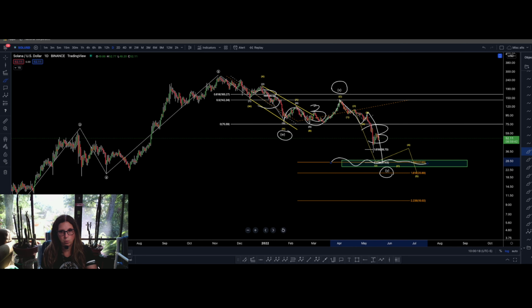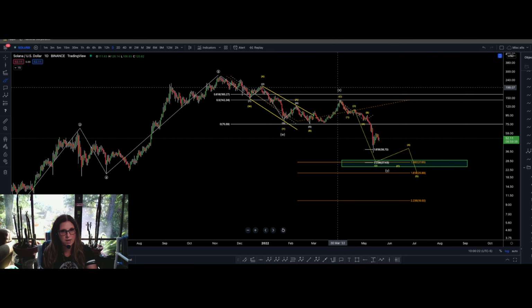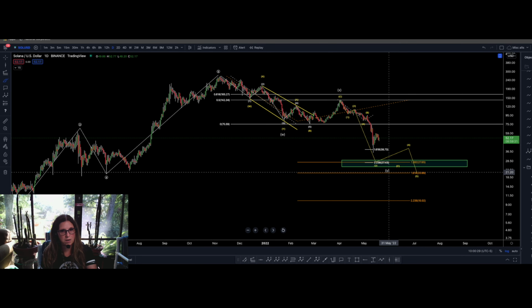Why is that? Well, in a WXY, the X can hit any fib extension it wants, but it means that we need 3 waves here. And a Y wave should not take out the 1.382.